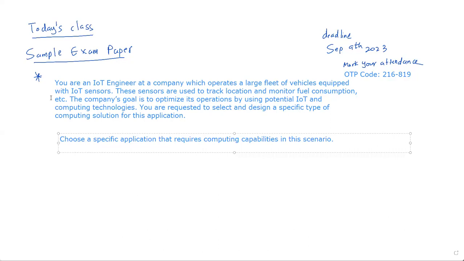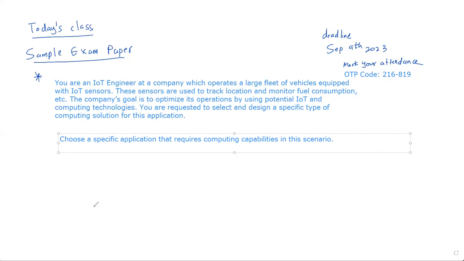Basically, the question is asking you to design an IoT network that will be able to address the communication in a scenario where there's a lot of devices connected to the access point of the IoT network.